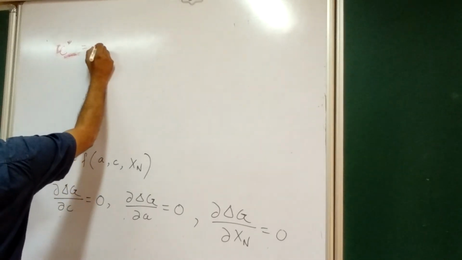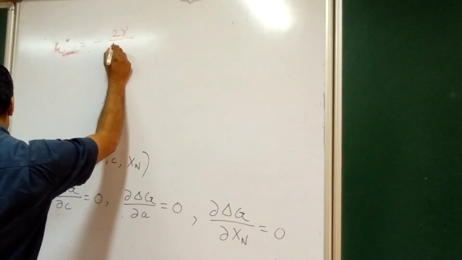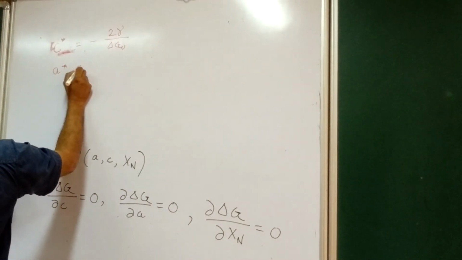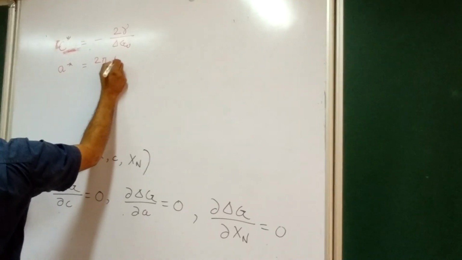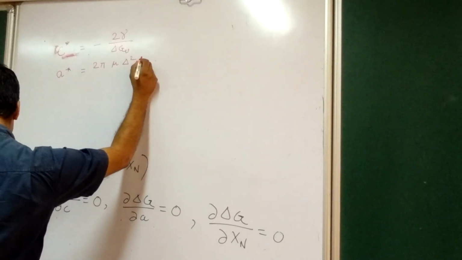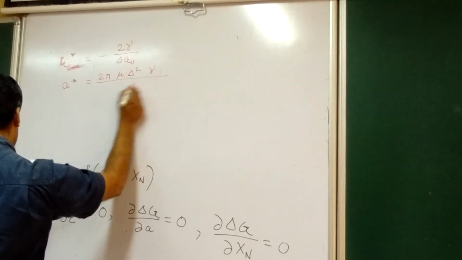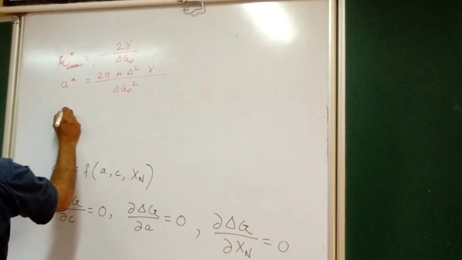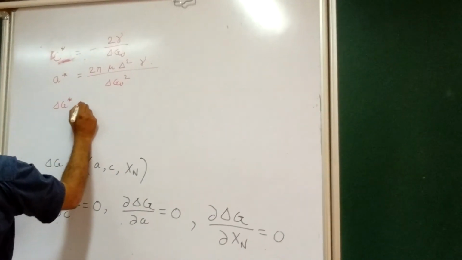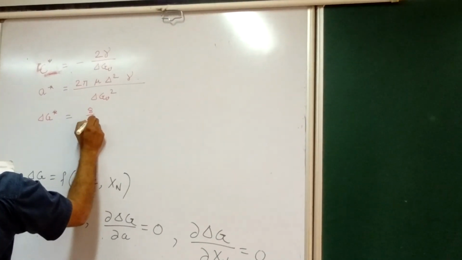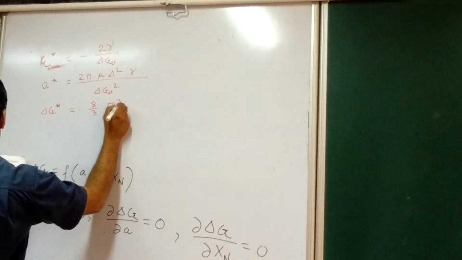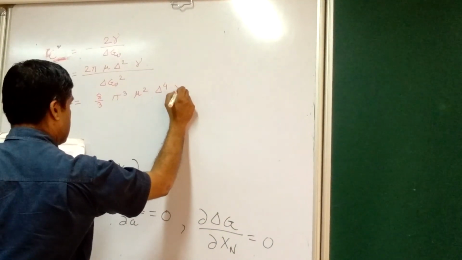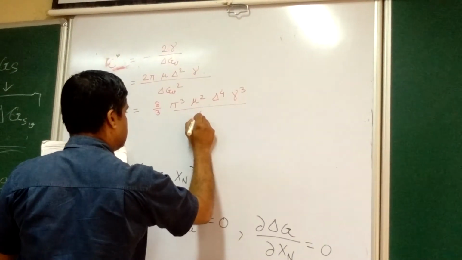C star is equal to minus 2 gamma over delta GV. A star you will get 2 pi mu delta square gamma over delta GV square, and your delta G star, that is the saddle point, you will get 8/3 pi cube mu square delta to the power 4 gamma cube over delta GV to the power 4.